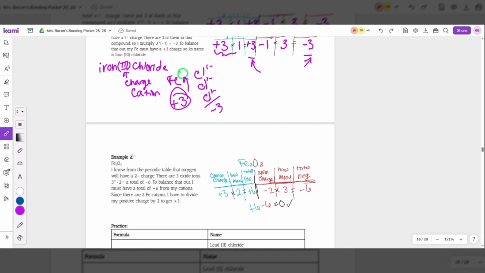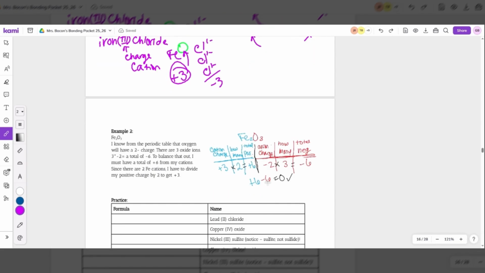So in order to name this compound, I'm going to go through and use this table, and then maybe you'll see how it's a little bit helpful when we have multiple cations in our compound. So I'm just scribbling these out so it's easier for you to follow along kind of how I'm thinking through this, and the order I think about it in.